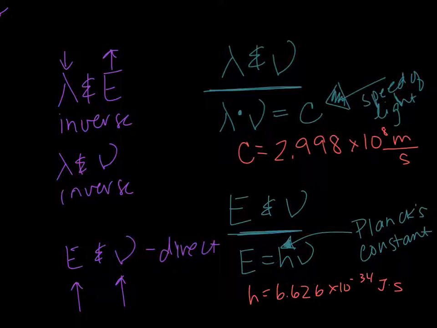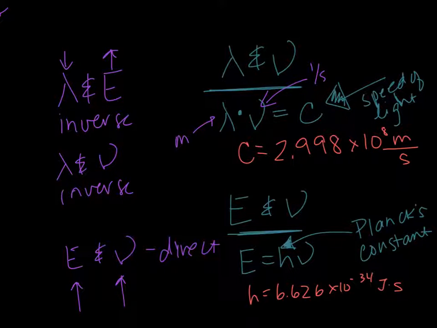And so you can see, looking at both of these right here, that it's very important to have the right units, because if you don't use meters for wavelength and you don't use inverse seconds for frequency, you're not going to cancel out the right units here in the speed of light. So wavelength always has to be in meters when you use this equation with this value for C. And frequency always needs to be in inverse seconds.